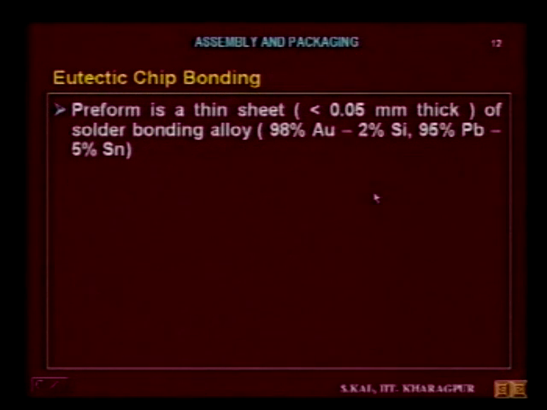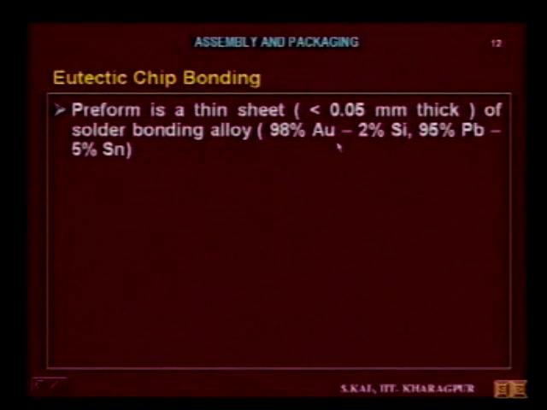The features of the eutectic chip bonding are as follows. The preform which is used is a thin sheet of solder bonding alloy, and the thickness of this preform is less than 0.05 millimeter, and its composition is 98% gold, 2% silicon.